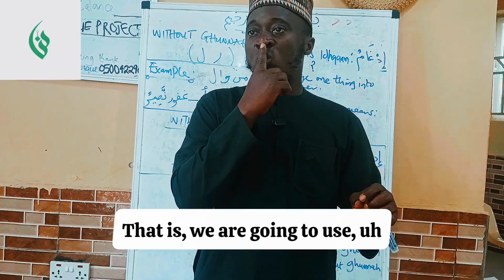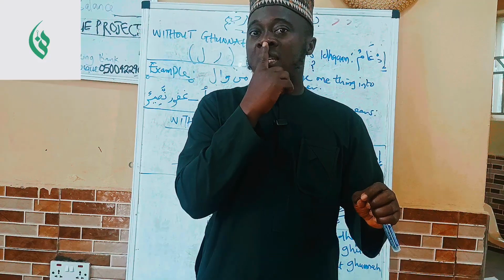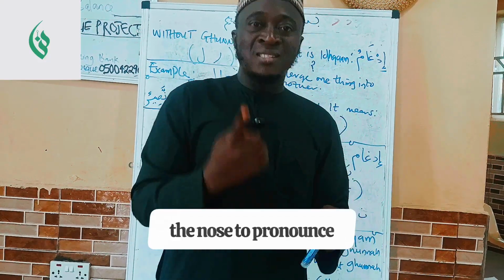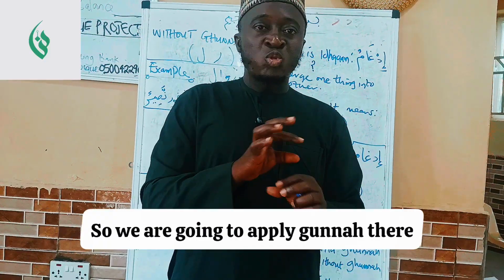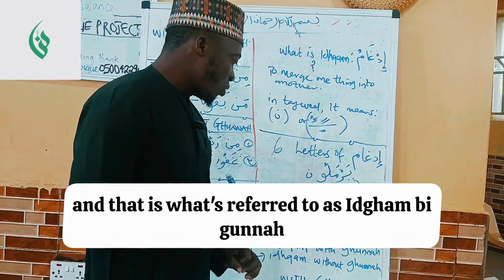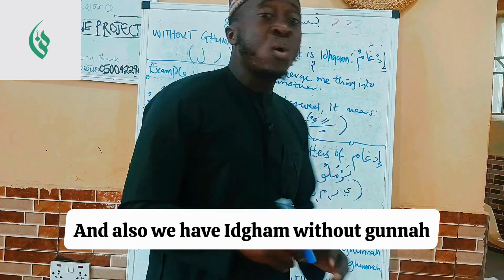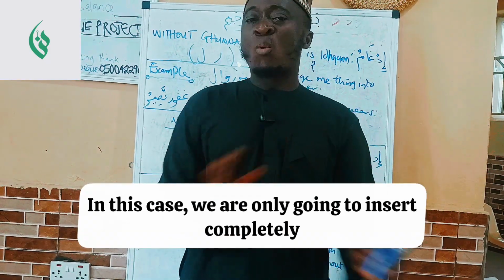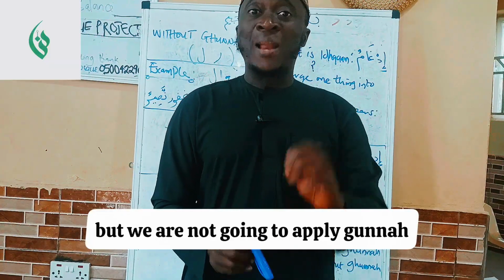That is, we use the nose to pronounce. So we apply Ghunnah there, and that is what's referred to as idghām bi Ghunnah. And also we have idghām without Ghunnah. In this case, we only insert completely, but we do not apply Ghunnah.